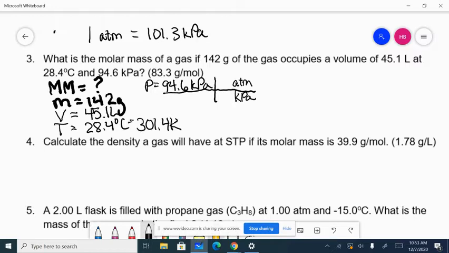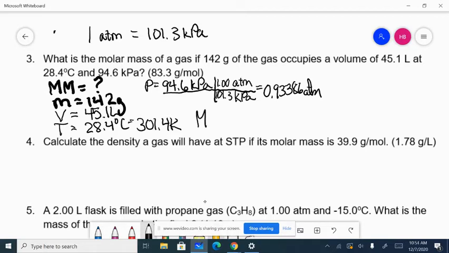You can turn this equivalency statement into a conversion factor by having it stay with its numbers. So 1 always goes with atmospheres, and 101.3 goes with kilopascals. And that gives us a pressure of 0.93386 atmospheres. I won't worry about sig figs right now.